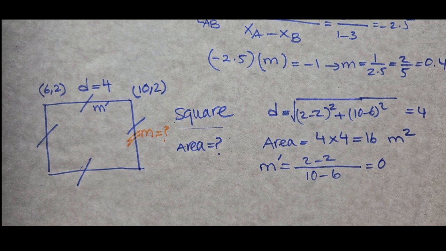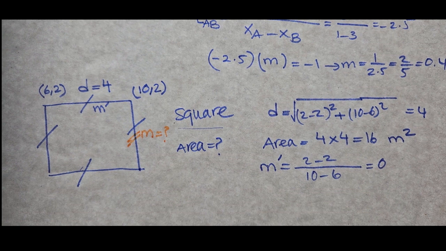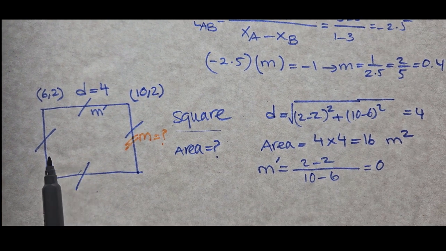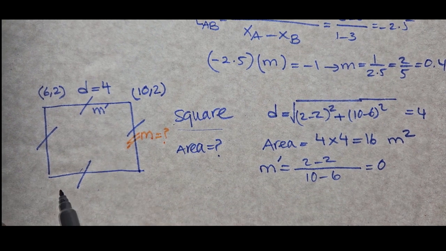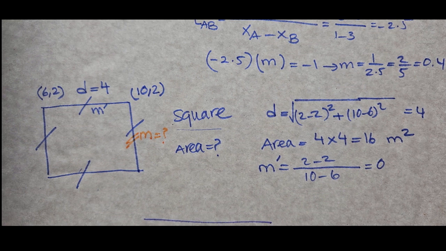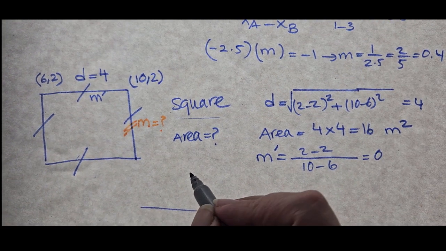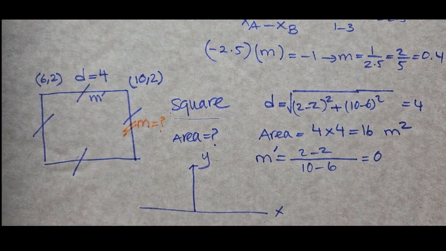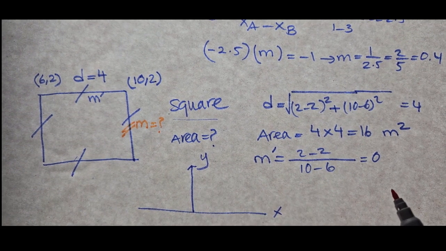That's one of the beautiful exceptions that we had. Go back to your cheat sheet and see what kind of line has a slope of 0. A line which is parallel to the x-axis, right? And passing through point 2. So the equation of the line is y equals 2.